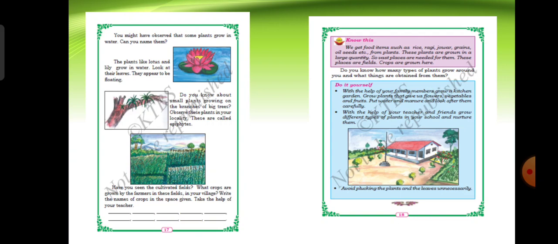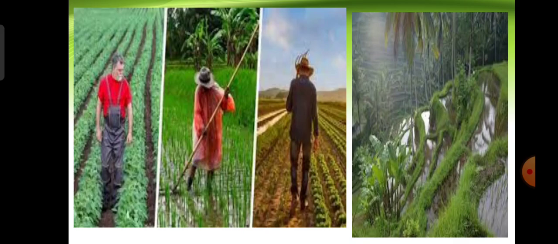With the help of your teacher or your friends, grow different types of plants in your school and nurture them. So avoid plucking the plants and the leaves unnecessarily. See, farmers grow plants. Okay, they grow crops in the field. So this is called agriculture.